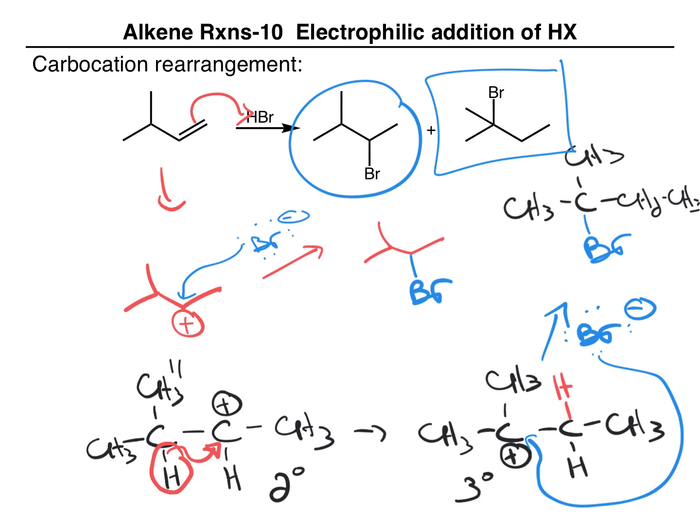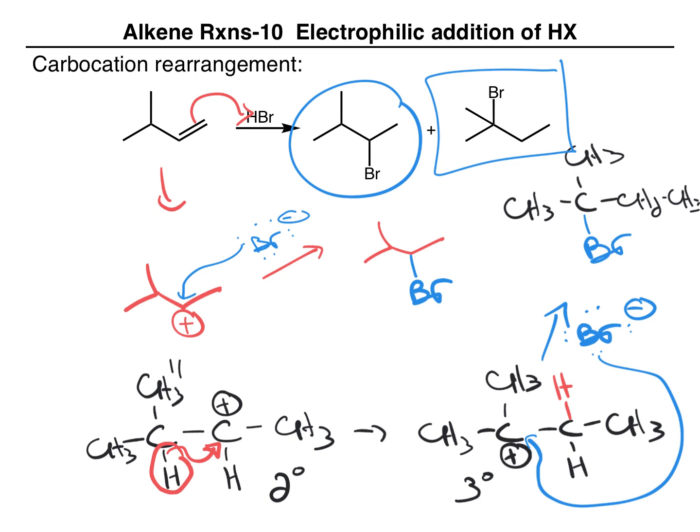So because the proposed mechanism proceeds through a carbocation, then it makes sense that a carbocation rearrangement could occur, leading to this product. And keep in mind, it is the observation of this product that led scientists to postulate the presence of the carbocation intermediate, because the only way that you could get this is if there was a carbocation rearrangement, which would only happen if there was a carbocation to begin with.